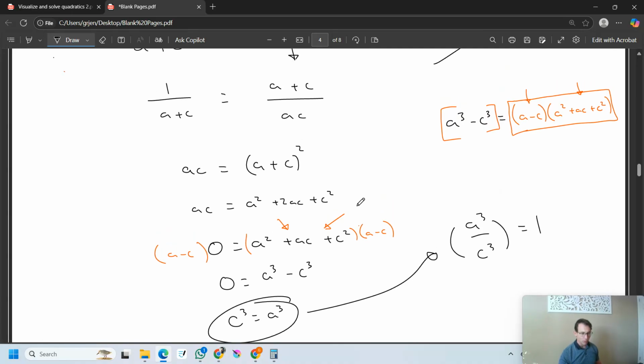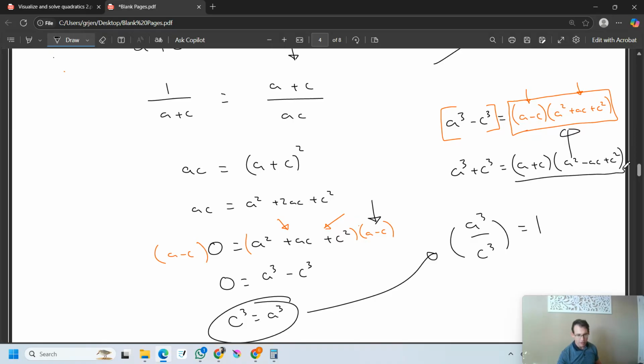And the way that you can, in the future, spot these shortcuts is by getting really familiar with this: A cubed plus C cubed is equal to A plus C multiplied by A squared minus AC plus C squared. Okay?